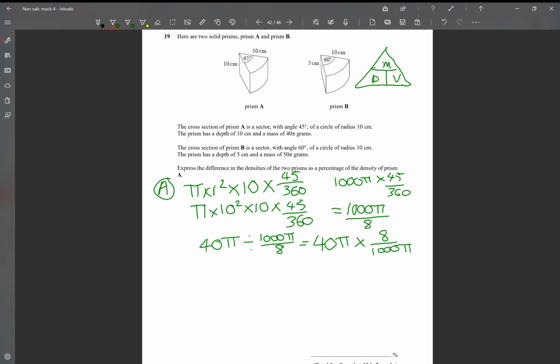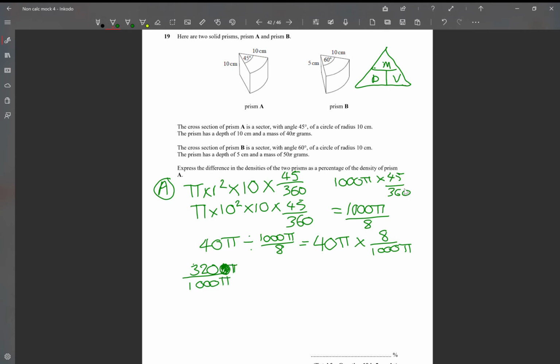So that works out as 40 times 8 over 1000 pi. Now if we just times the top, 40 times 8 would be 320, sorry, 3200. Oh, sorry, it is 320. I'm going a bit mad. So 40 times 8 is 320, divided by 1000 pi.